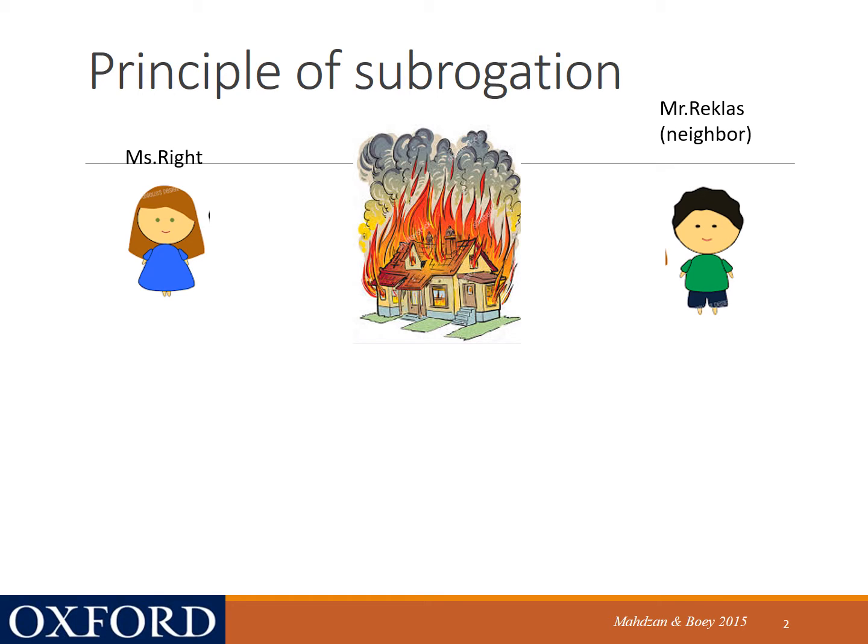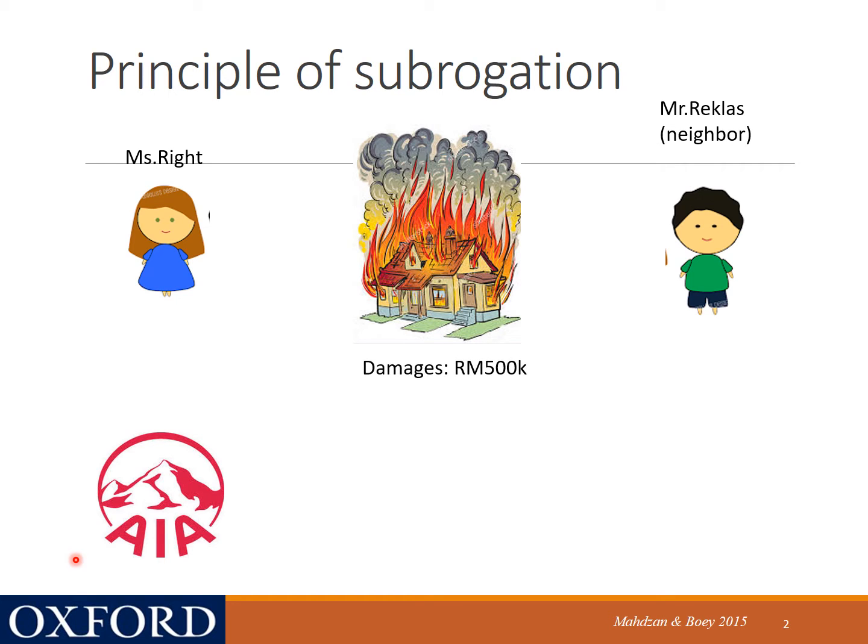Say for example, Miss Wright had already insured her property with AIA insurance. So upon a loss in a fire, AIA will conduct some investigations to see what is the peril, what is the cause of loss, and what is the value of the loss.